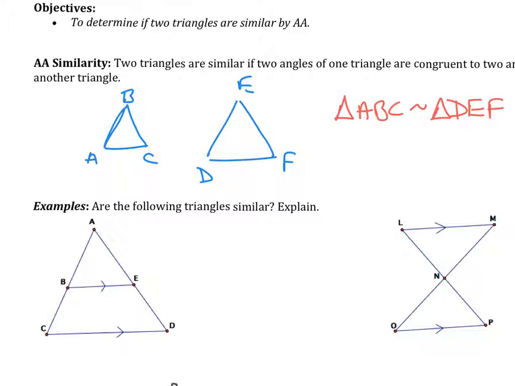But you don't have to show all of them, you only need to show two of them. So if I could show that, say, angle A is congruent to angle D, and angle B is congruent to angle E, that's enough to show that the two triangles are similar by the AA similarity postulate. Okay?